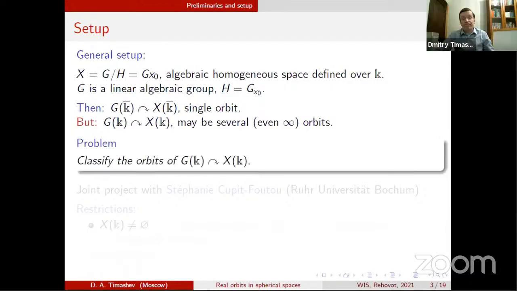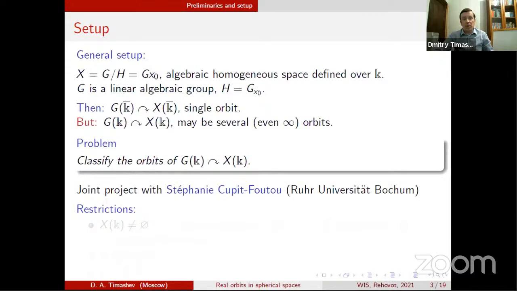The natural problem to which many classification problems reduce is to classify the orbits of the K points of G acting on K points of X. And what we are doing, this is a joint project with Stephanie Cupit-Foutou from Bochum.